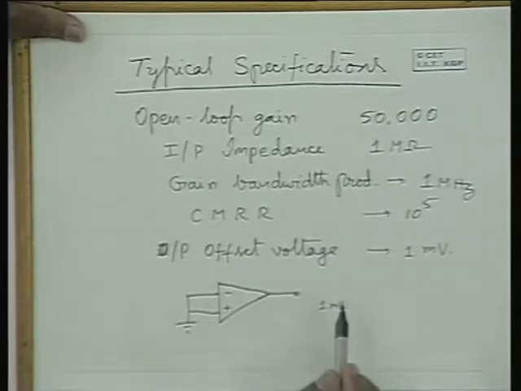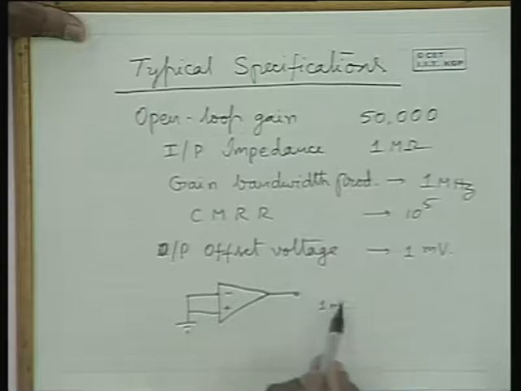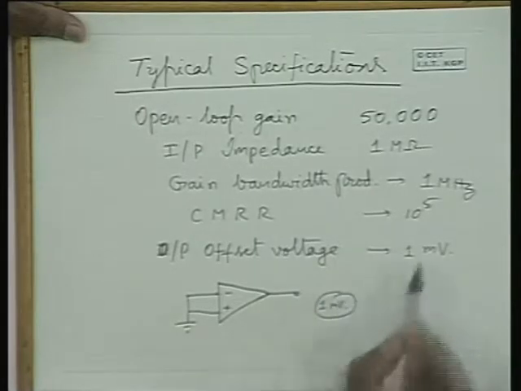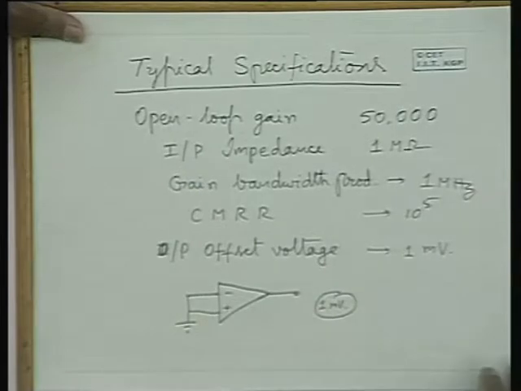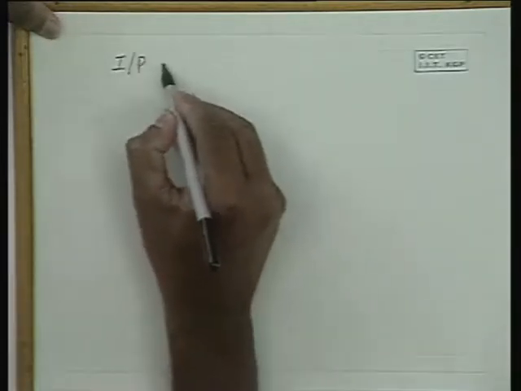This can be made to be 0 through some arrangement. By applying some voltage at the input, you can see that the output voltage is 0. So this voltage is known as the output offset voltage. Equivalently, you have an input offset voltage.